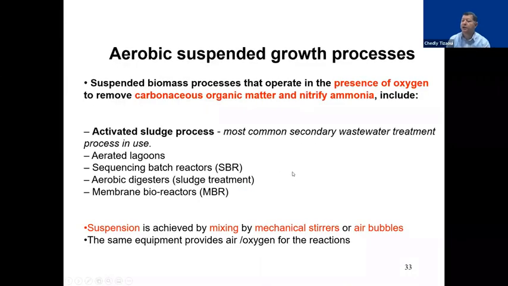The aerobic type of suspended growth processes would involve the activated sludge mainly, but also aerated lagoons, sequencing batch reactors, anaerobic digesters, and membrane bioreactors, which are new types of reactors that are gaining interest.